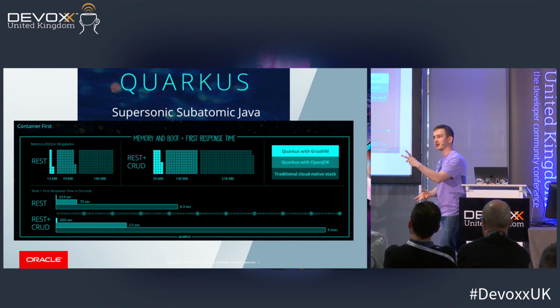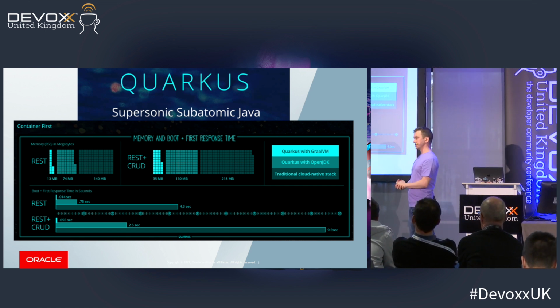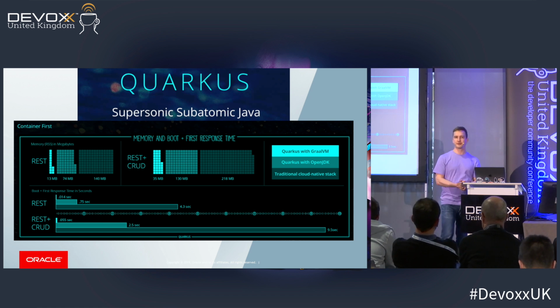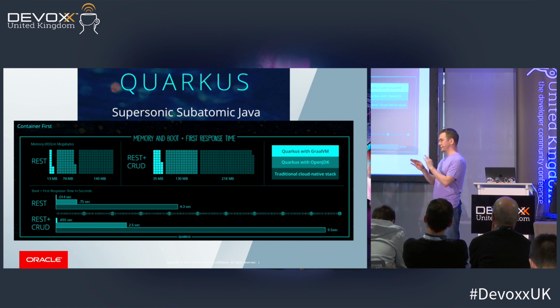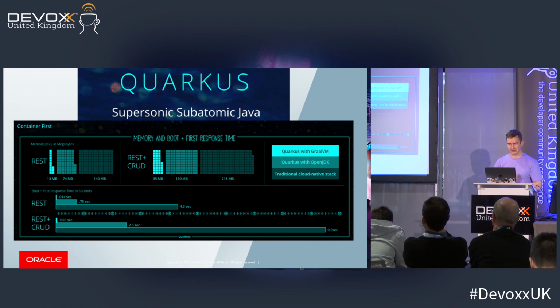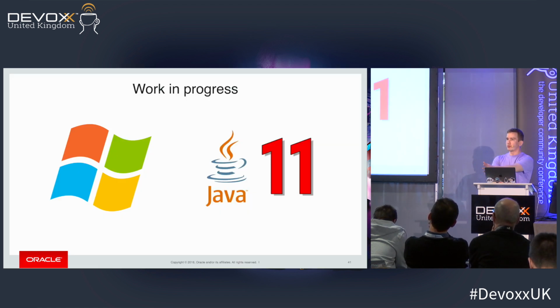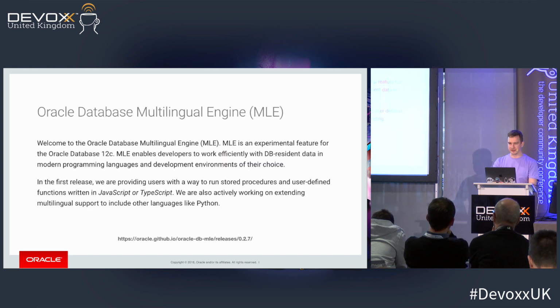There are also certain kinds of Spring applications, mostly coming from the Spring Fu project, which can be compiled to native applications. There are still some issues that we need to figure out with normal Spring applications, but we are making a lot of progress on that. Right, so native images, we're working on Windows and Java 11 bits to make it work in those contexts. I know it will happen very soon.